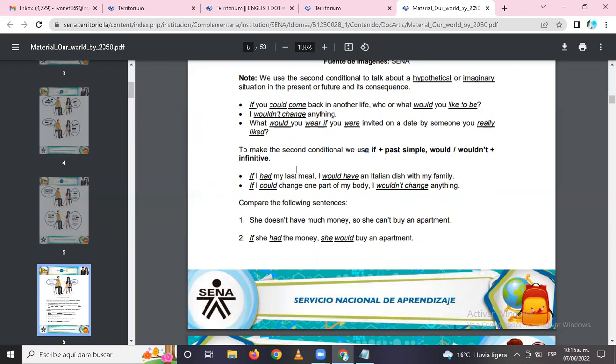Es como decir, si tuviera mi última comida, o lo que realmente está diciendo, la traducción más acertada es, si este fuera mi último plato, escogería, tendría, comería un plato italiano con mi familia. If I could change one part of my body, I wouldn't change anything.